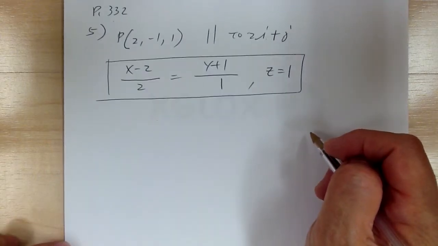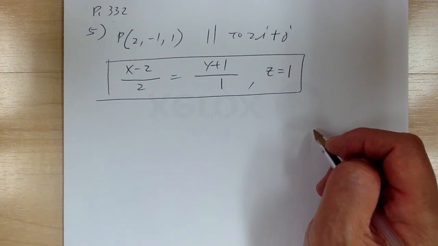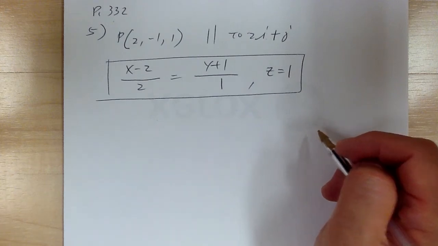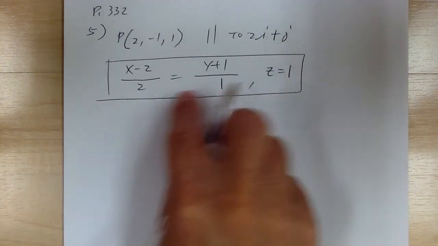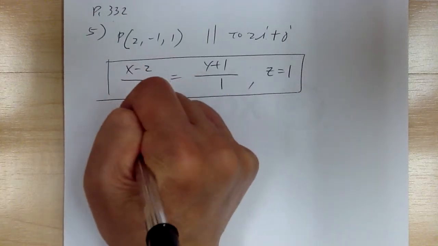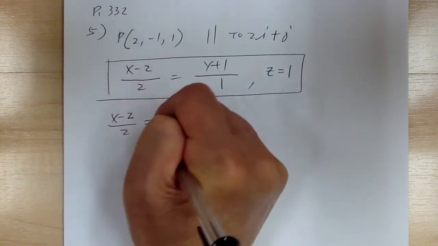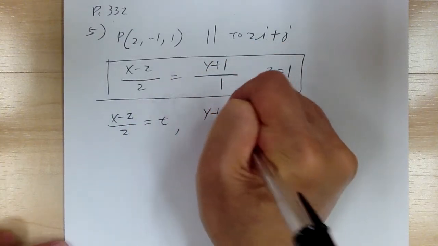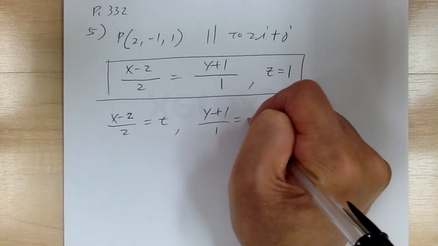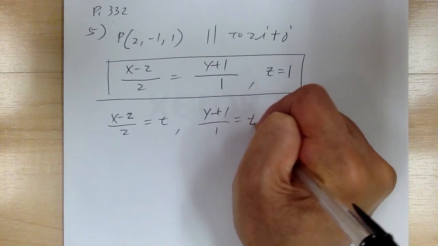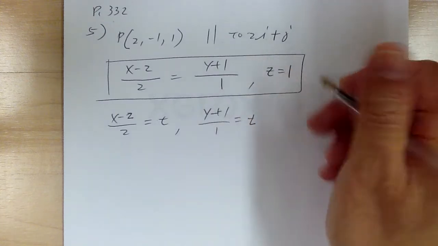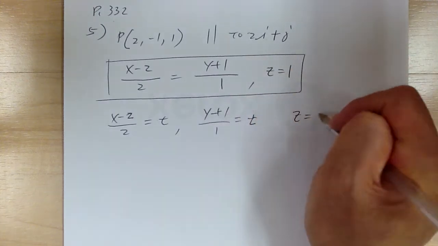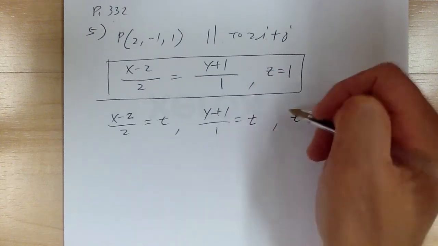Now the parametric equation. What you need to do is set it equal to t. So x minus 2 over 2 equal to t, and y plus 1 over 1 equal to t. And over here you just have z equal to 1. That's your constant.